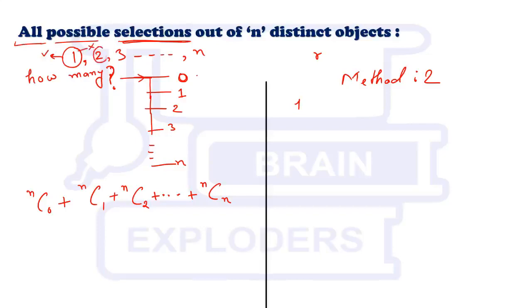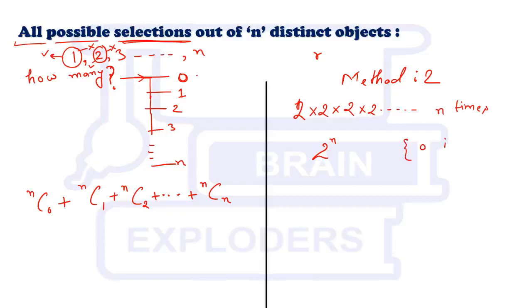For 2, either we will select it or we will not select it. In this way, for every element we have two choices. Either we will select that or we will not select that. Hence the total number of possible selections is 2 raised to the power n.